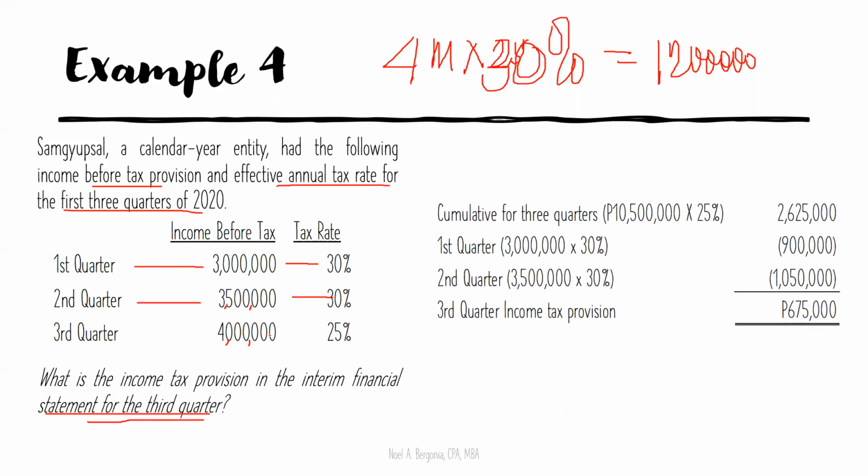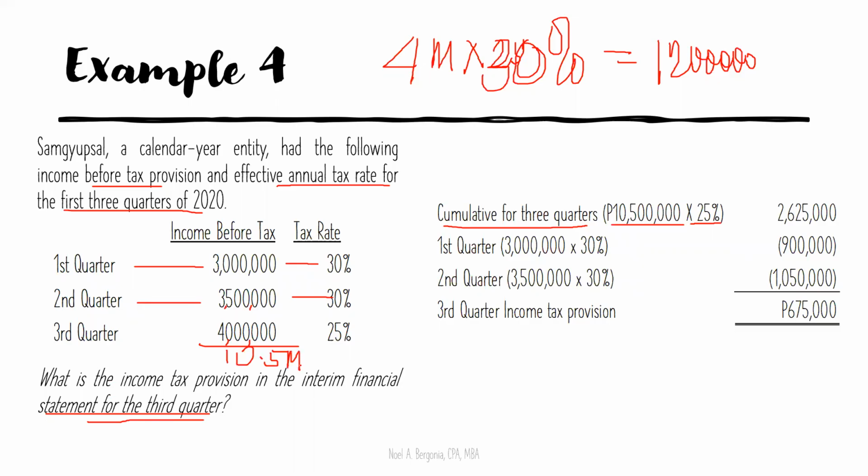So what we need to do is compute the tax cumulatively for the first three quarters based on the updated tax rate, which is 25%, multiplying it with the income before tax of 10,500,000. Where did that come from? Just add the income before tax of the first, second, and third quarters, so that would be 10,500,000.